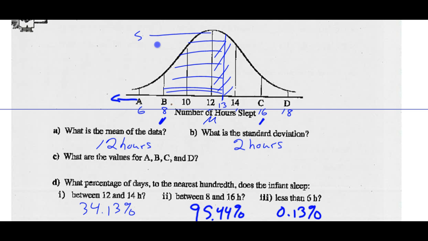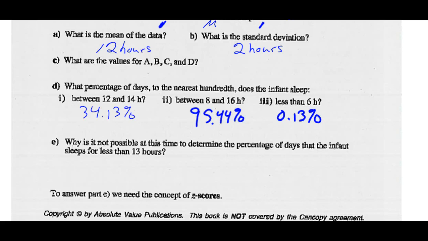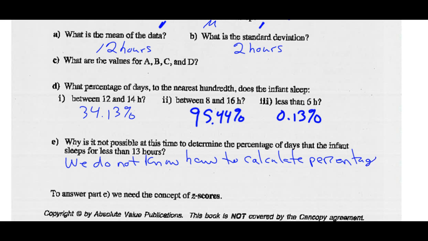Well, less than 12 is 50%, so that'd be easy enough to find, but less than 13 doesn't cover that complete segment between 12 and 14, or within 1 standard deviation of the mean. So right now, we do not know how to calculate percentages that show less than complete standard deviations.